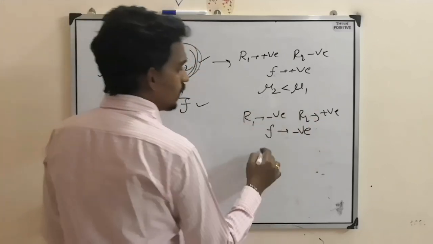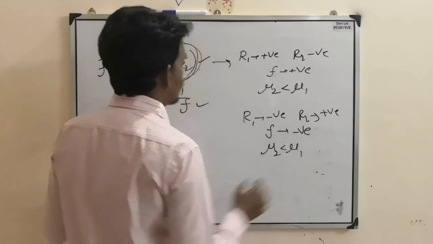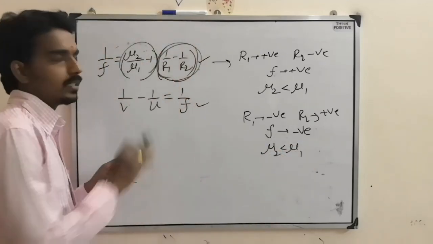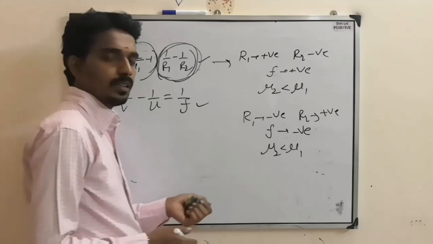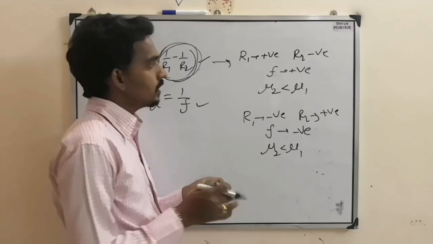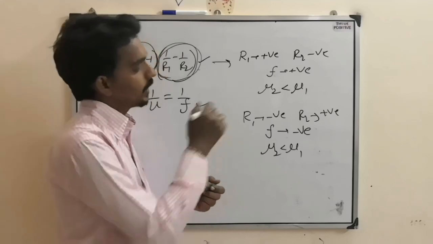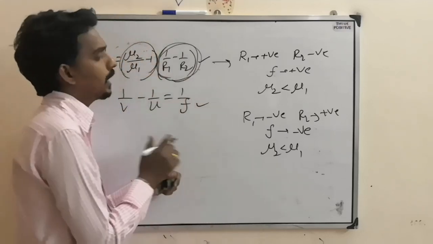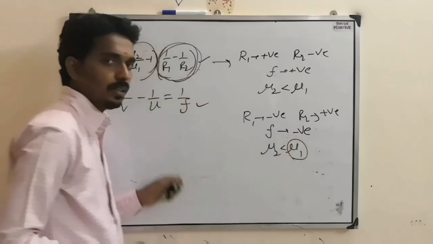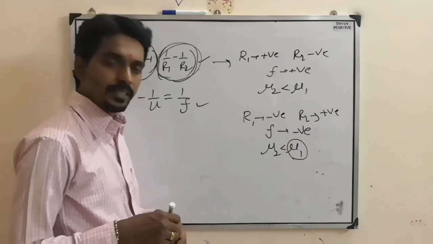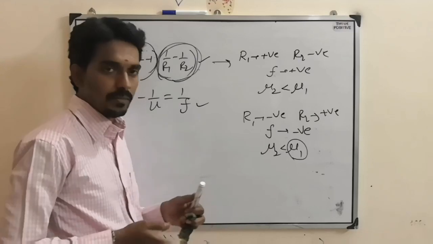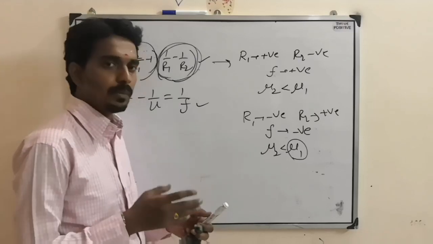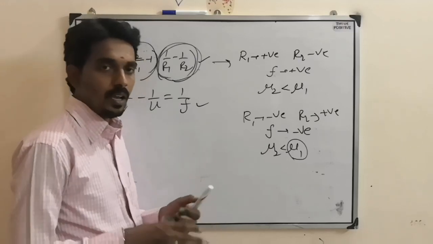Again, if mu2 is less than mu1, then this term will become minus of minus, plus. That means if you place the lens in a denser medium, where the medium refractive index is mu1, then the convex lens will behave like a diverging lens, and the concave lens will behave like a converging lens.